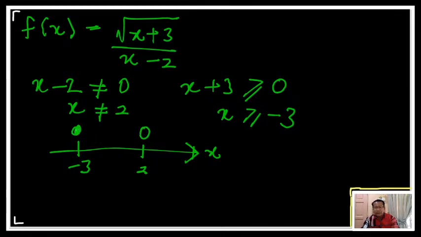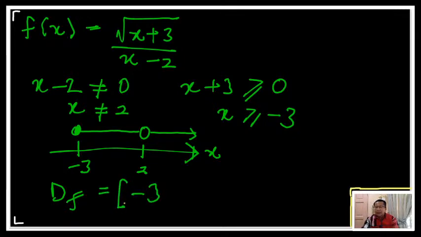So the domain of f is from minus 3 to 2, union 2 to infinity.